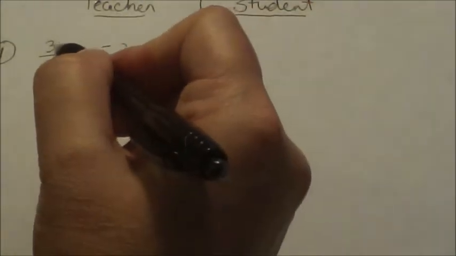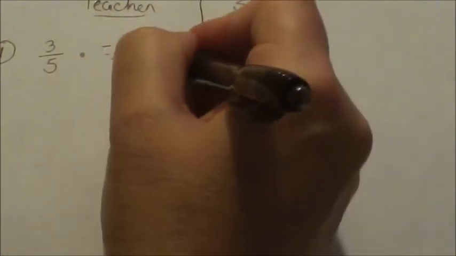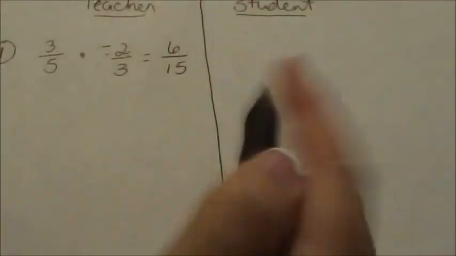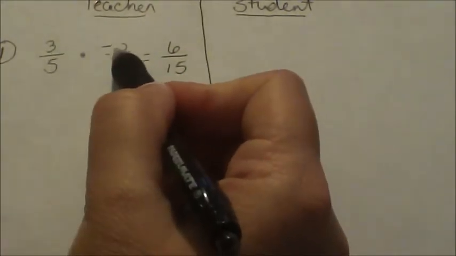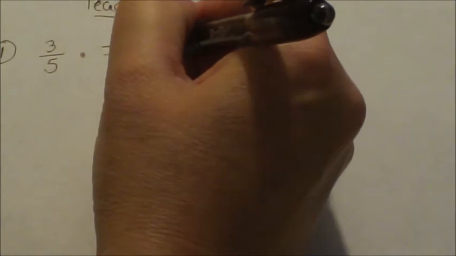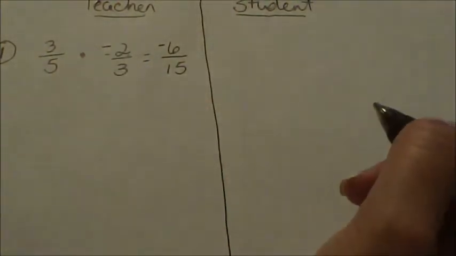So I'm going to go 3 times 2 is 6, and 5 times 3 is 15. Now, same rule as with the integers, the cops and gangster stuff. If the signs are different, this is a negative and this is a positive, then my answer is negative. If the signs are the same, the answer is positive.